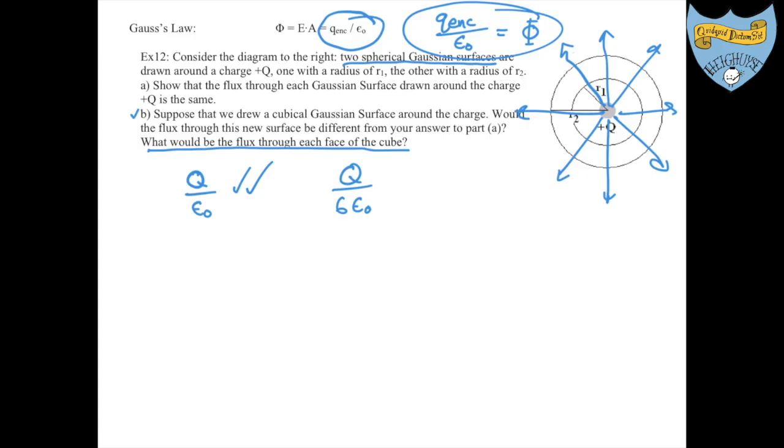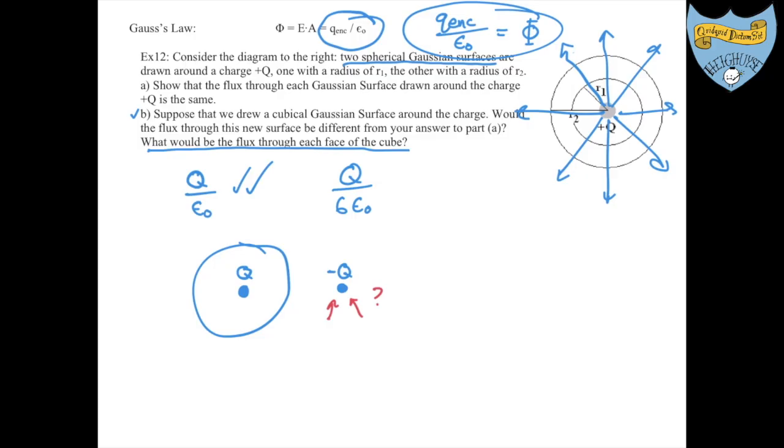Now, the only wrinkle that they can throw at you is something like this. Here's a charge. Let's say it's Q. And then you draw a Gaussian surface around it. And then over here is a minus Q. And they say, what is the flux through the Gaussian surface? If you're looking at that and you're like, I don't know, the minus Q over there seems important, they wouldn't have mentioned it if it weren't important.